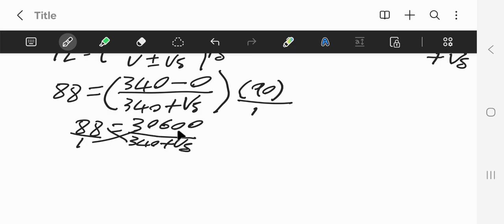We are saying 30,600 times 1 gives us 30,600, and then this 88 multiplies with this 340 and the Vs. So 88 multiplied by 340 is going to be 29,920.